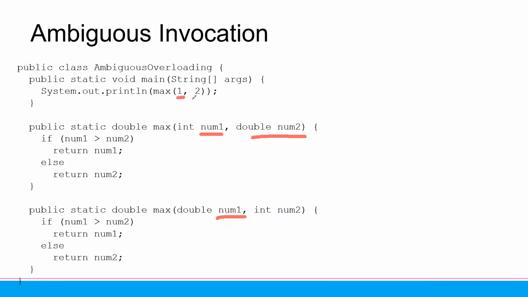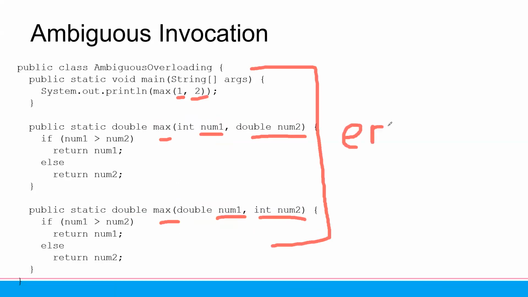How about this one? 2, it can be 2.0, it can be also integer. Then, which method will be executed? Java will give this code as errors. Okay. So please do not make code like this.